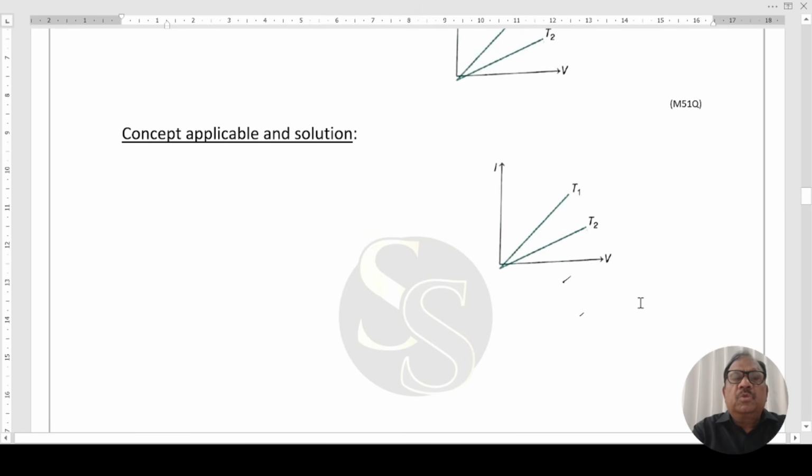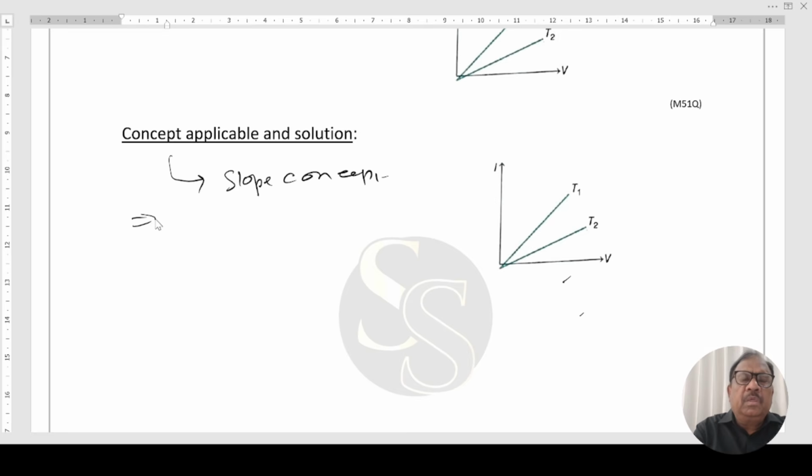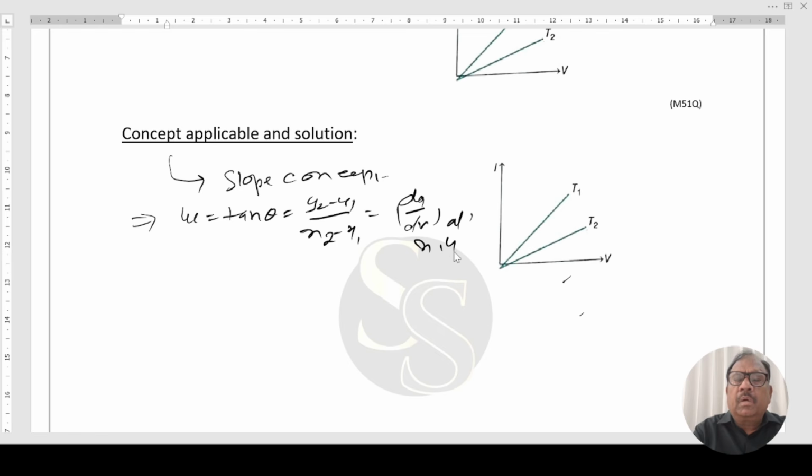Now, the concept applicable in this question is the slope concept. That is m equals tan theta equals y2 minus y1 over x2 minus x1, equals dy by dx at x1, y1. In this case, this is applicable. So this is theta 2, this is theta 1.